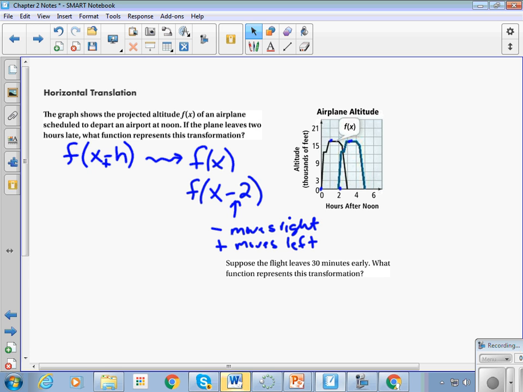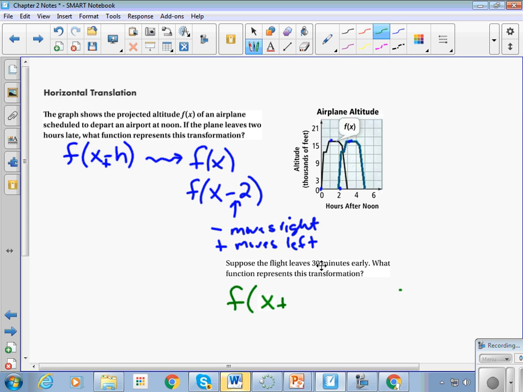30 minutes early means I'm going to move left. To move left, I add. Am I going to add 30 to my x values in my function? Nope. I am not going to add 30. It's a trick. What's the trick?